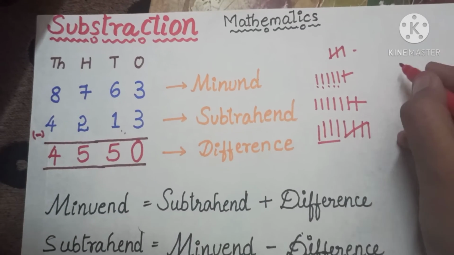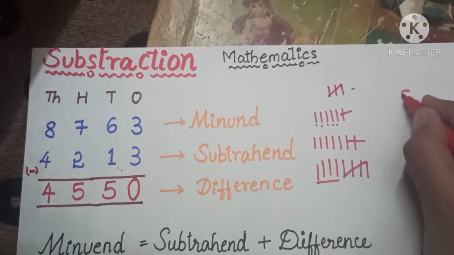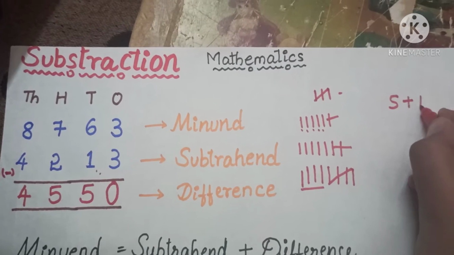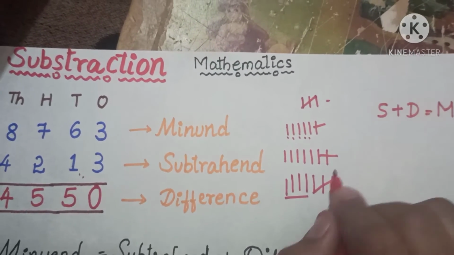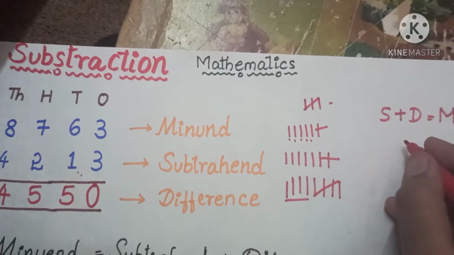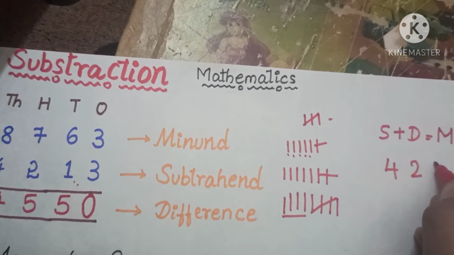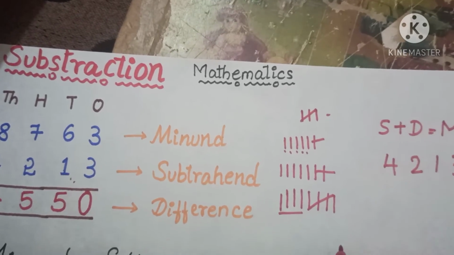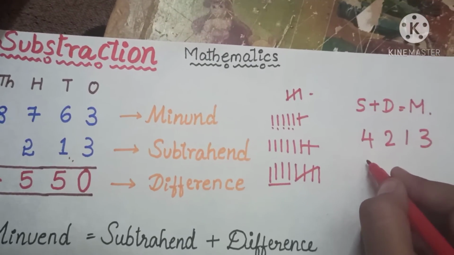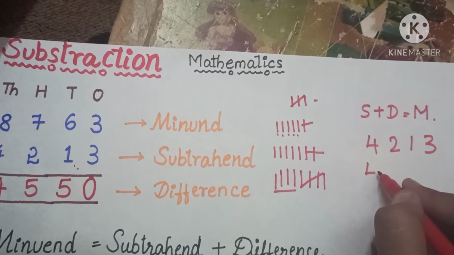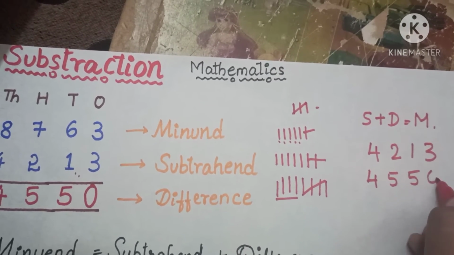Now we shall check it by adding subtrahend plus difference; we get the value of the minuend, as we learnt in our previous class. Now the subtrahend is 4213, and the obtained difference is 4550.